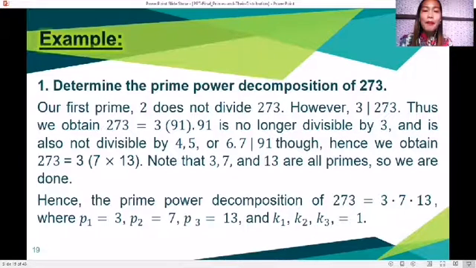Hence, the prime power decomposition of 273 is equal to 3 times 7 times 13, where p sub 1 is equal to 3, p sub 2 is equal to 7, p sub 3 is equal to 13, and k sub 1, k sub 2, and k sub 3 are equal to 1.